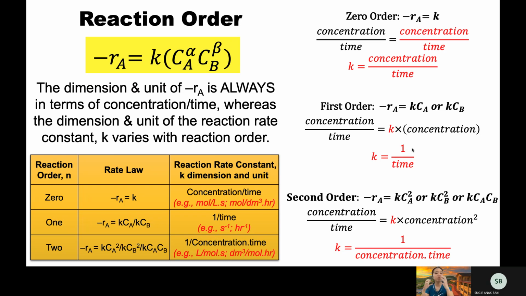Tapi as I told you, kalau ada dua reactant, you cannot really pinpoint sebab as I told you, kalau first order ada dua reactant, it can be either towards A, first order with respect to A, or first order with respect to B. So dia boleh jadi minus RA sama dengan KCA. Dia boleh jadi juga minus RA sama dengan KCB.